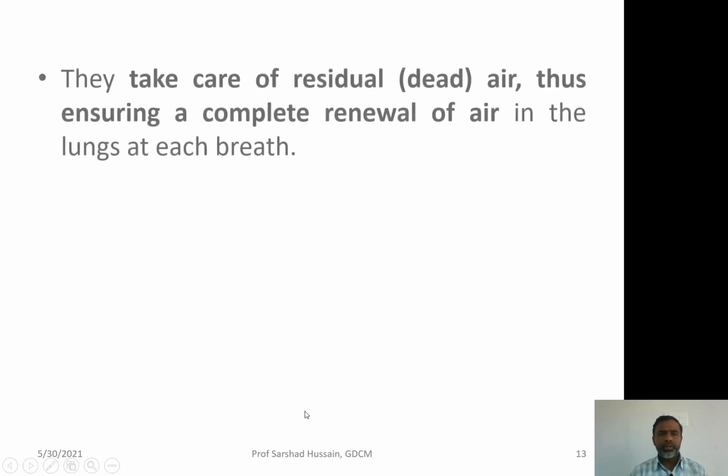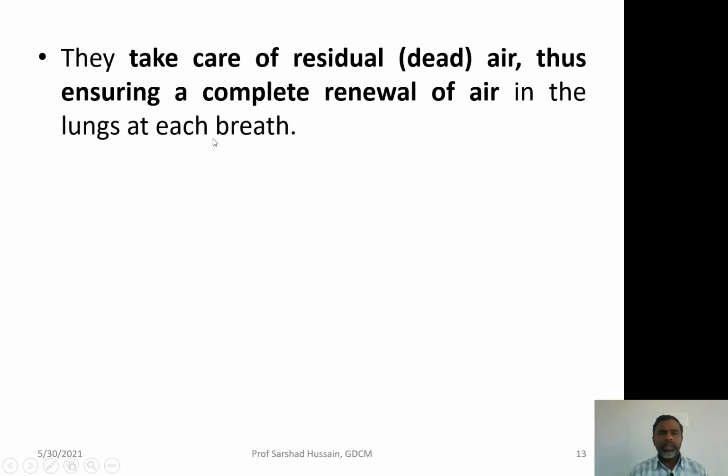Now, they take care of the residual air, thus ensuring a complete renewal of the air in the lungs at each breath, because the air sacs are present outside the lungs. So, air after entering into the lungs through the bronchi goes beyond to the air sac, and when the air sac compresses itself, then the whole of the air from the lung will be thrown out.